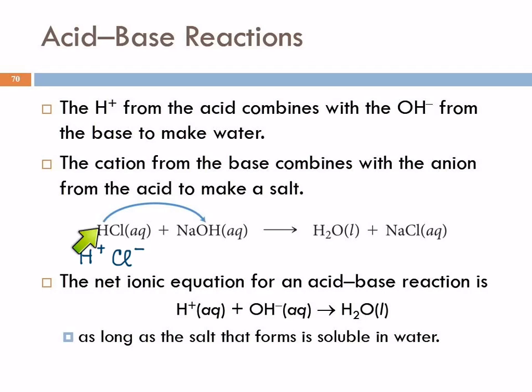So what we did is we looked at the ions that are formed from the first compound and the ions that are formed from the second compound. And then we said, okay, well, they went to this party and they're going to mix and mingle, and we're going to see if they hit it off with anybody. So we're going to try sodium and chloride together, and we're going to try hydrogen ion and hydroxide ion together. So here's hydrogen ion and hydroxide ion, and here's sodium ion and chloride ion.